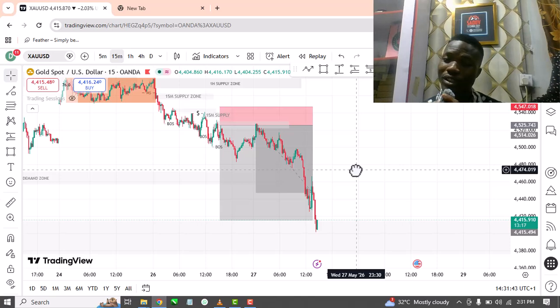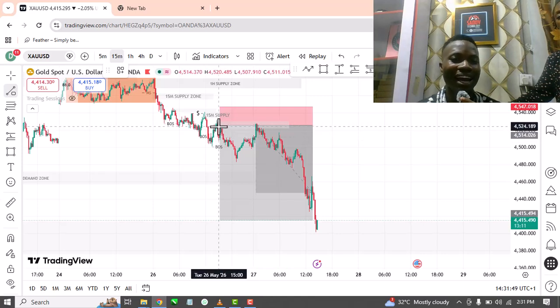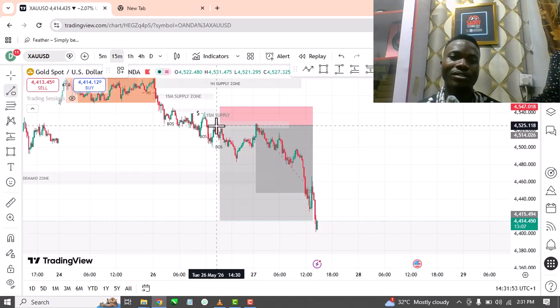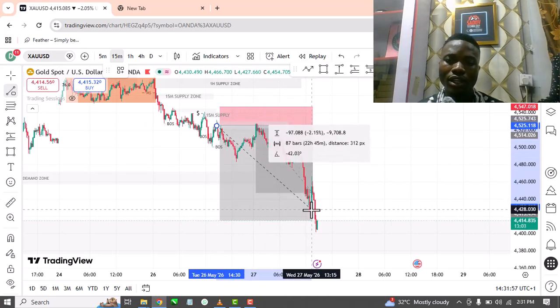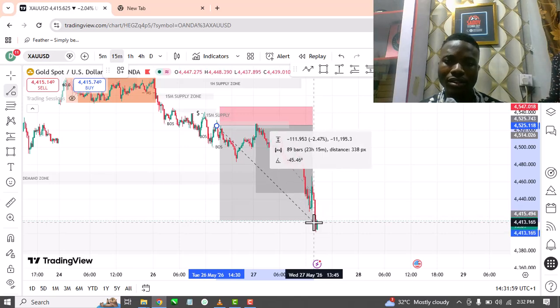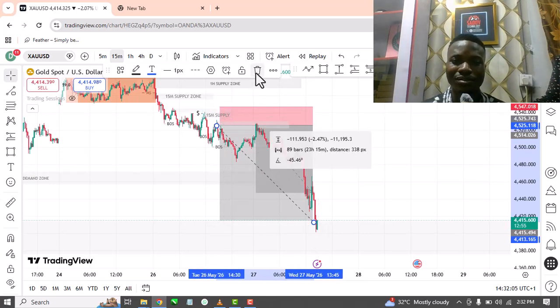I think this is one of the longest trades that I have ever made in my entire life trading the live account. If you look at this trade now, it took about 23 hours 15 minutes. Wow, this is impressive, really.